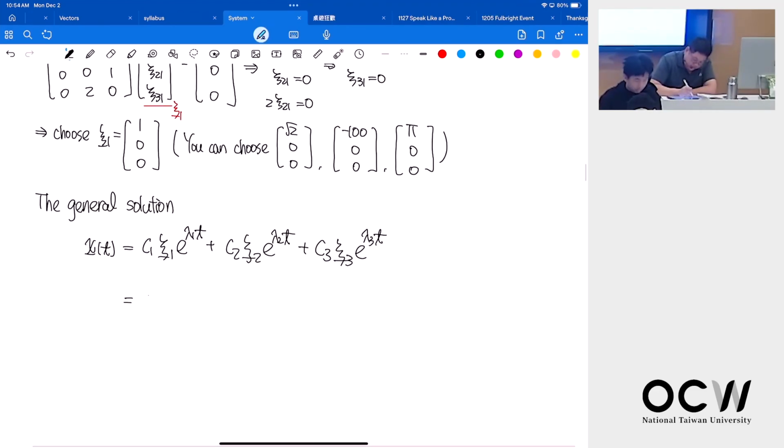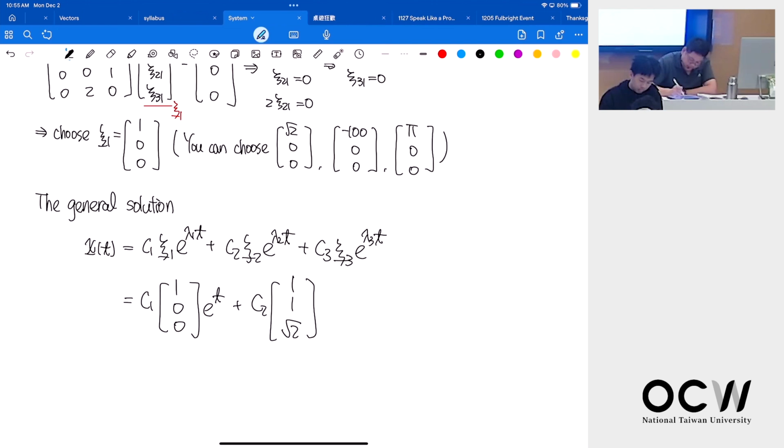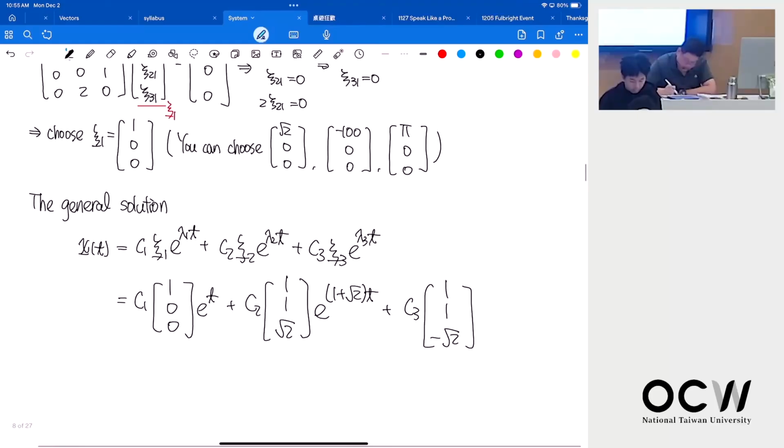So c1 times 1, 0, 0, e to the t, plus c2 times 1, 1, square root of 2, e to the (1 plus square root of 2) t, plus c3 times 1, 1, minus square root of 2, e to the (1 minus square root of 2) t.